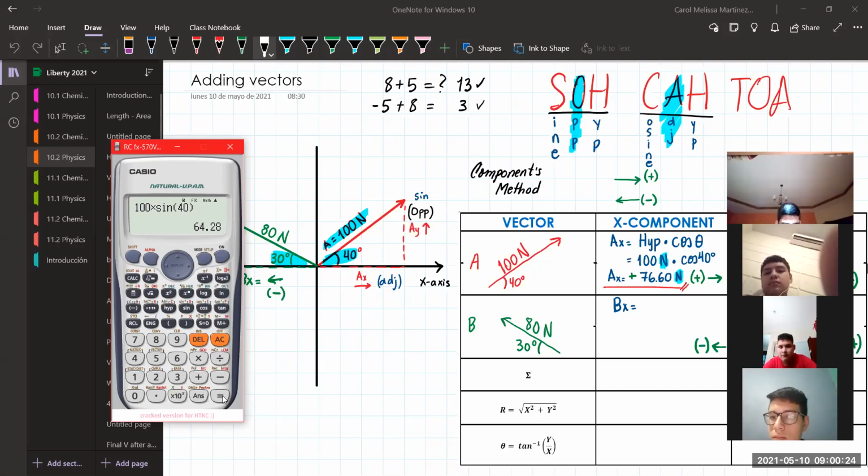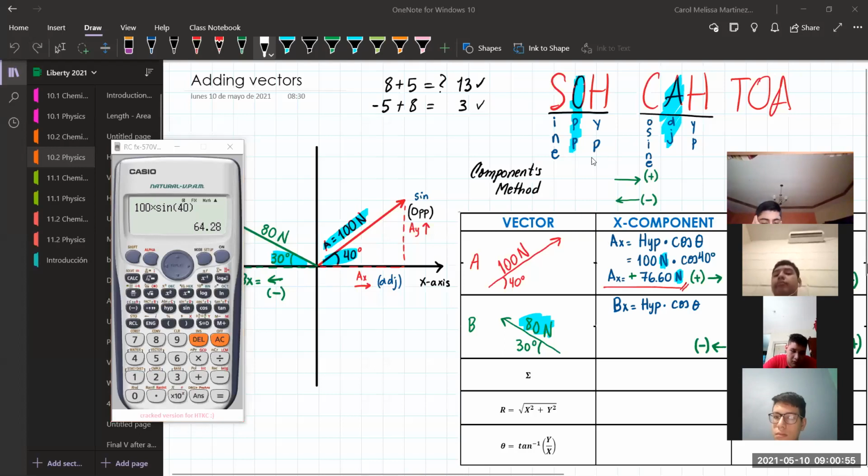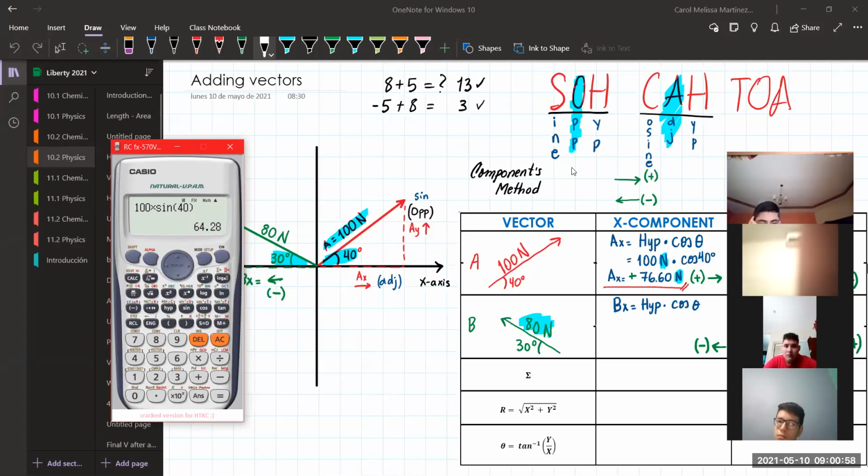It is opposite. It is opposite. So because it is opposite, we're going to be using sine. Okay? So in the formula, By is going to be hypotenuse times the sine of the angle. And Bx is going to be the same, but using cosine of the angle. Okay? Now remember, hypotenuse in this case is not 100, it is only 80. So here the hypotenuse changes and also the angle changes.